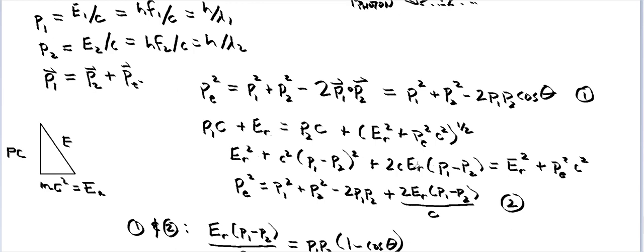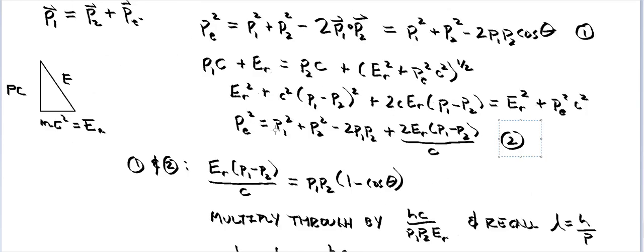Then if we take equation 1 and equation 2, set them equal to each other, because they're both the momentum of the electron squared. Nice things happen. First, they both have P1 squared plus P2 squared, and so those terms cancel.